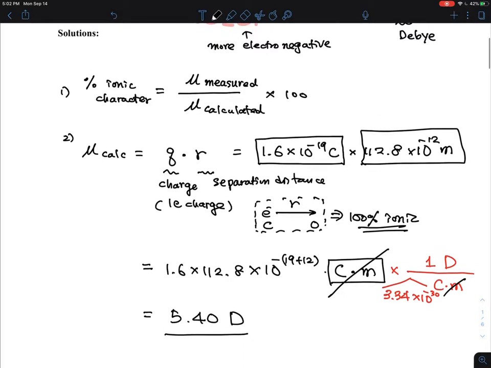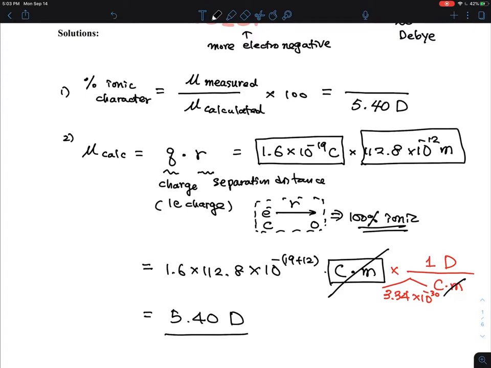Okay, so using this value, the calculated value is 5.40 Debye. If one whole electron is given to the oxygen, that will be 5.40 Debye, knowing the geometry.